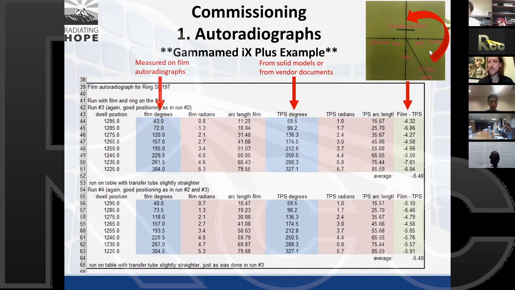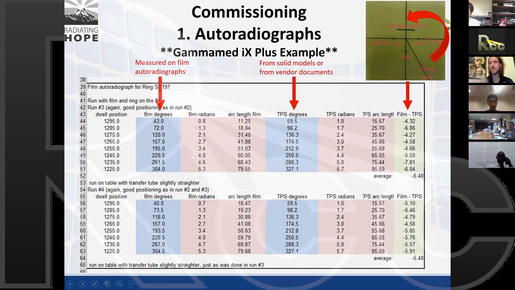But from this, you can see, since I'm going from 0 degrees this way, film minus TPS, I've got these minuses. You can see the arc length for TPS is bigger than the arc length measured, which makes sense. It means my measured dwell positions are closer to the tip than my treatment planning dwell positions, right?